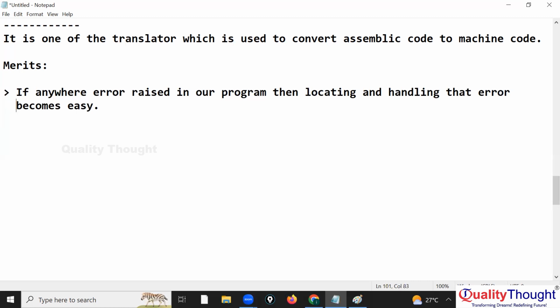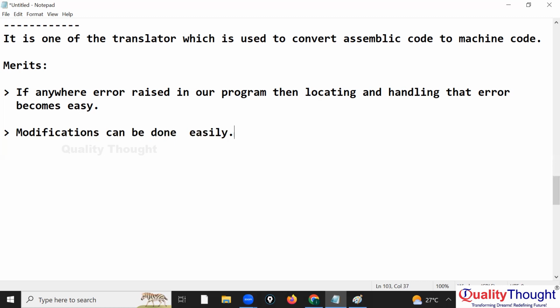No. But where can we handle errors easily? In assembly language. In machine language it is very difficult to handle errors, but in assembly language it is easy. Next, modifications can be done easily. You know very well in machine language we cannot do modification easily, but we can do modification easily in assembly language.